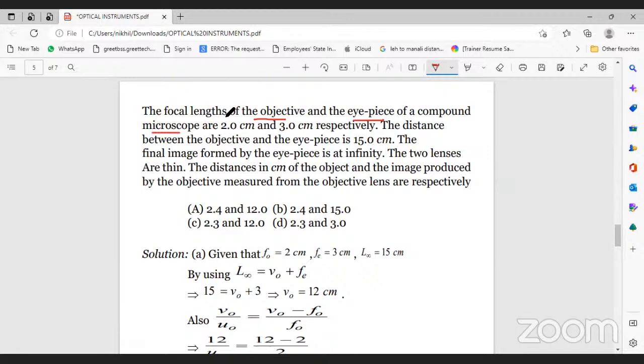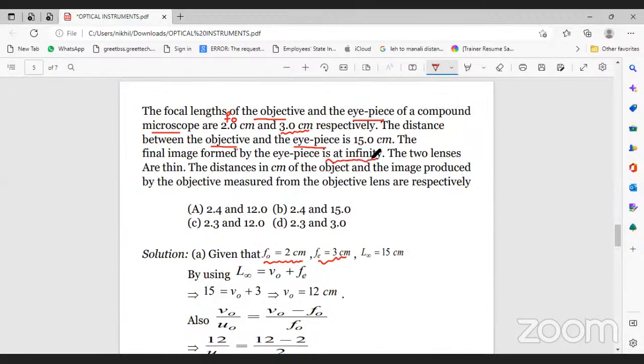F naught, what is the focal length of the objective lens? 2 centimeters, right? What is the focal length of the eyepiece? It's 3 centimeters. The distance between the objective lens and the eyepiece is given as 15 centimeters, right?